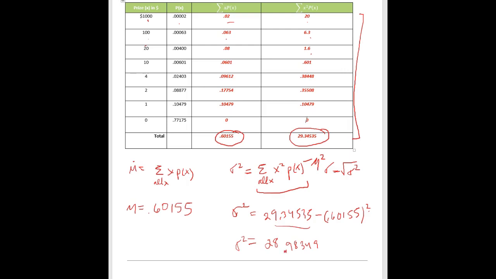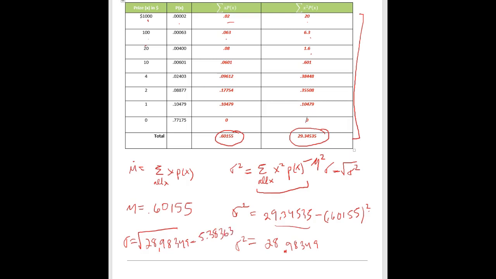And then if we wanted to know what the sigma is, or the standard deviation, it's going to be the square root of our variance, 28.98349, and that is equal to 5.38363.